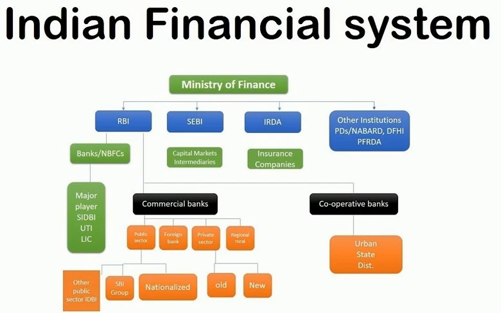Then after in 1964, Unit Trust of India was set up. The objective of setting up Unit Trust was to enable the small investors to share in the industrial prosperity through indirect holding of equities.